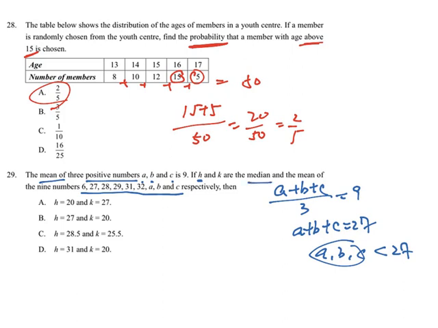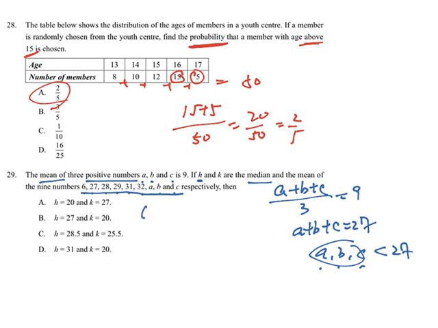For the median, that means it is in the middle. First we need to arrange in order and then find the median. We can see these 6 numbers are in order, together with A, B, C. Because we know A, B, C total 27, all three positive numbers should be less than 27.